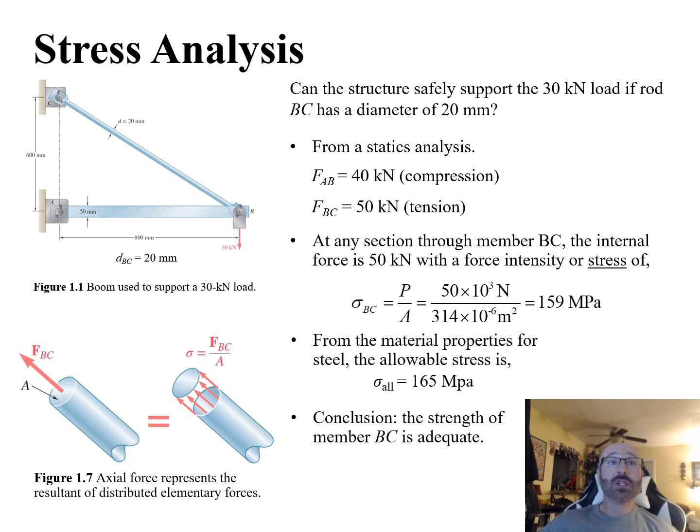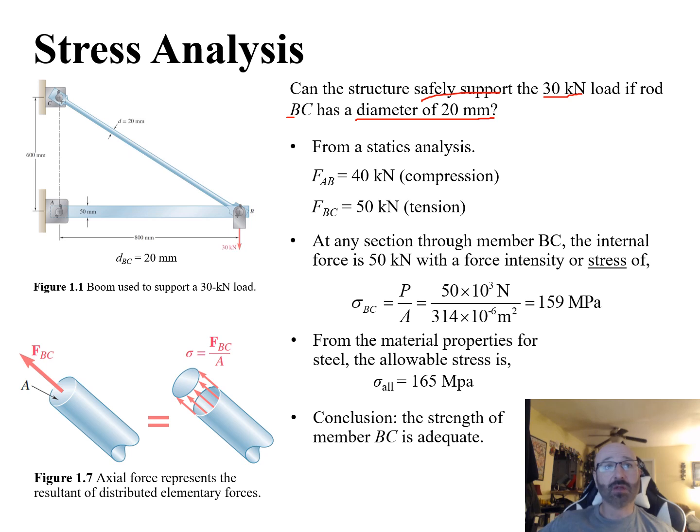As we continue on and begin this mechanics course for ME14, we want to take the knowledge and skill set that we got from our statics course and expand upon it for some more in-depth problem solving. This is where we get into our stress analysis portion. Let's say the same problem, and now they ask us: can the structure safely support the 30 kilonewton load if the rod BC has a diameter of 20 millimeters?